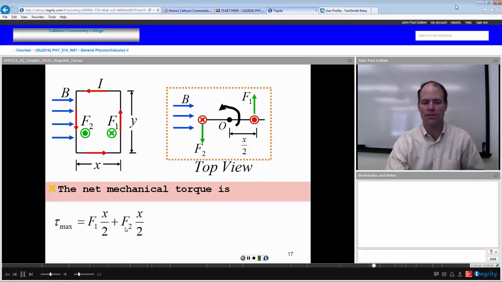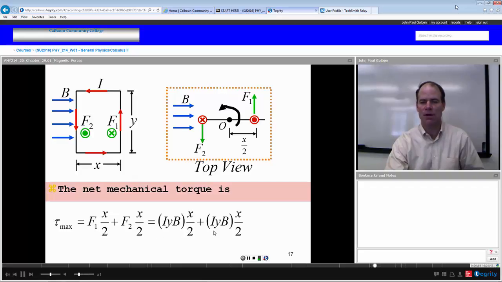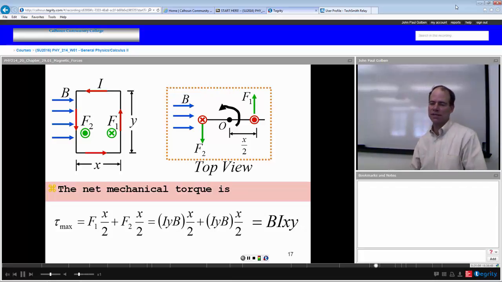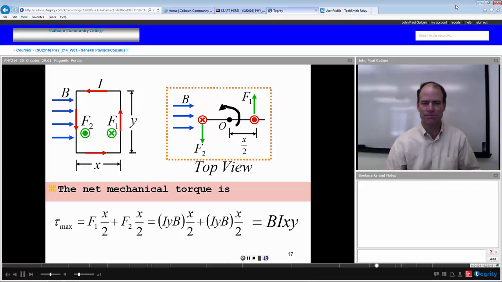So F x divided by 2 plus F x divided by 2, IYB x divided by 2 plus IYB x divided by 2 is the magnetic field B times the current I times x times y. X is one dimension of the rectangle, y is the other dimension of the rectangle. The area of the rectangle is x times y, so this x times y is indeed the area of that rectangle.